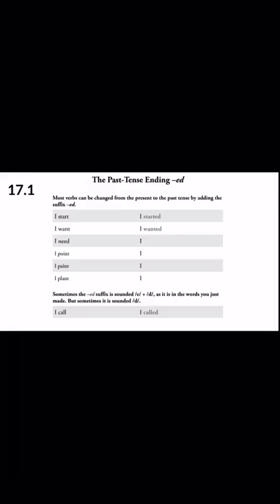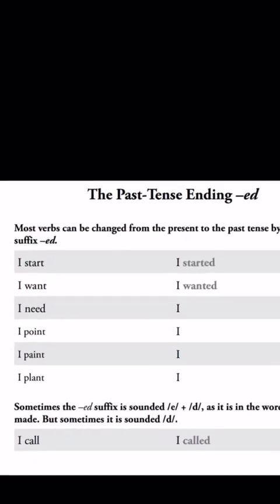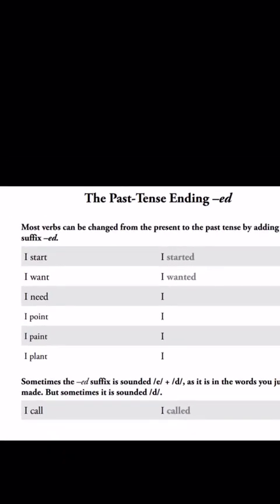Okay, so painted is the past tense. Okay, let's do a little practice. It might make a little more sense. Most verbs can be changed from present to past tense just by adding that suffix ed. Okay, let's look at some of the examples that they gave us. I start. You say I started to make that past tense. You just simply add that ed, started.